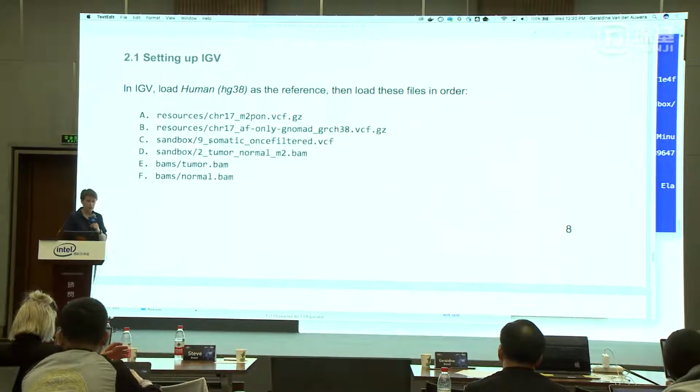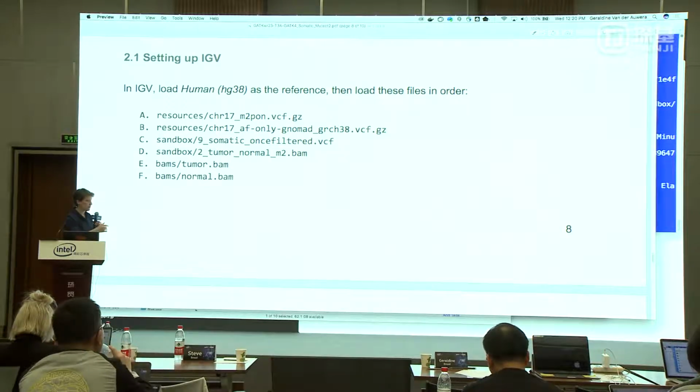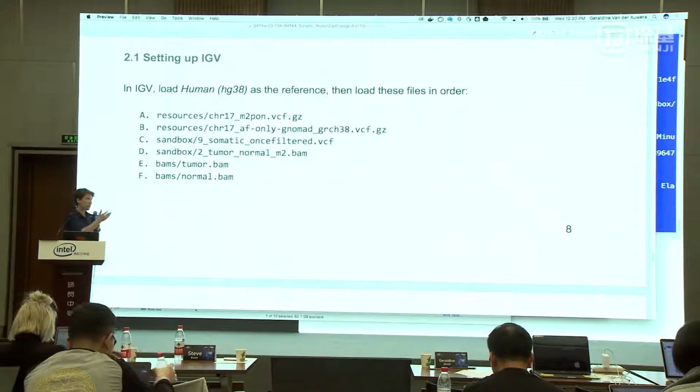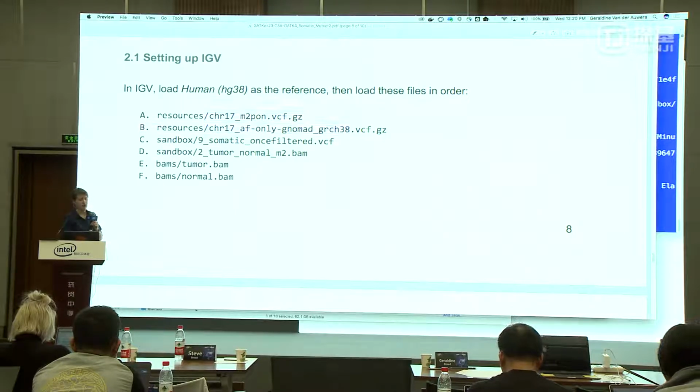So we've already loaded the unfiltered VCF and the output BAM. We'll actually delete the unfiltered VCF. We'll add the filtered VCF that we just created, and we'll also add the panel of normals, the gnomAD resource, and if we want, we can add the tumor normal.